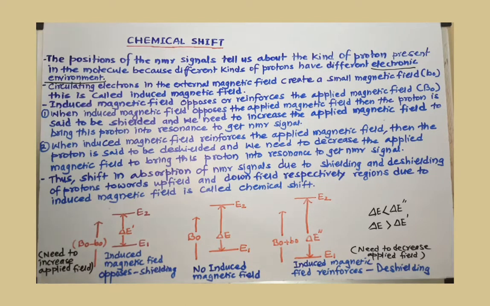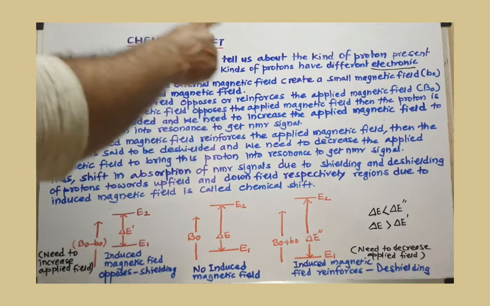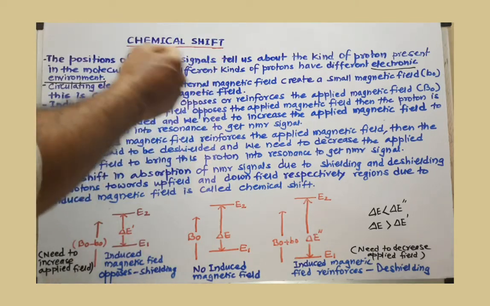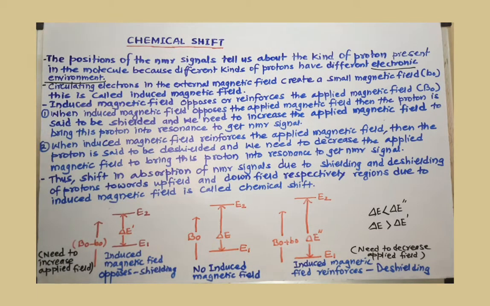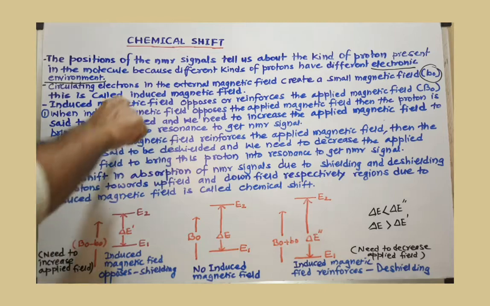Now we have to consider the magnetic field generated by the intervening electrons. These electrons are around the protons and generate a small magnetic field. This magnetic field, small B0, is also called the induced magnetic field.